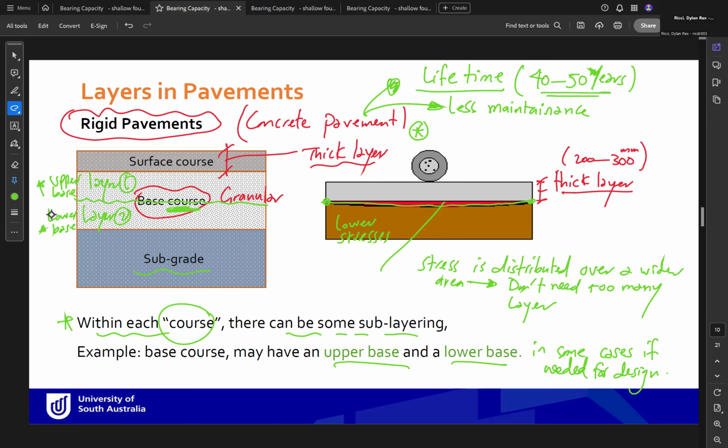So here in this one, repairing or installing utility pipes is very hard, a difficult job, due to cutting in concrete. So concrete is a very tough material, so it's hard to cut it.